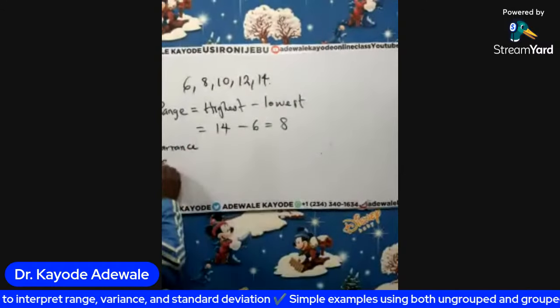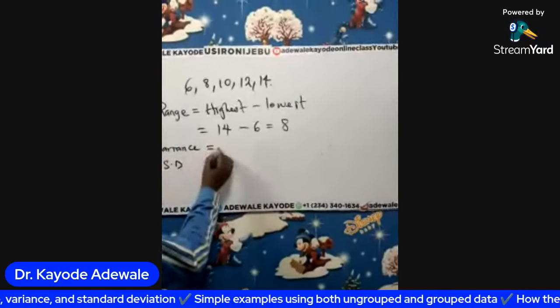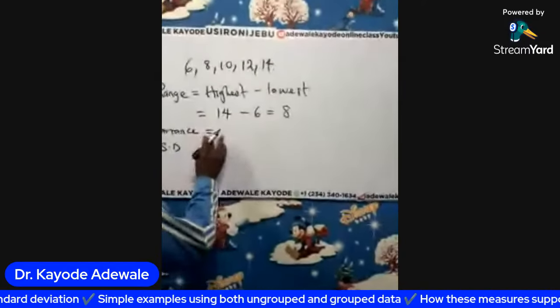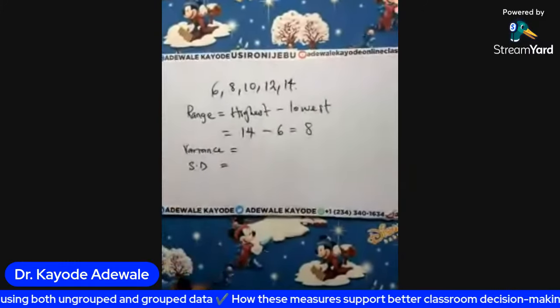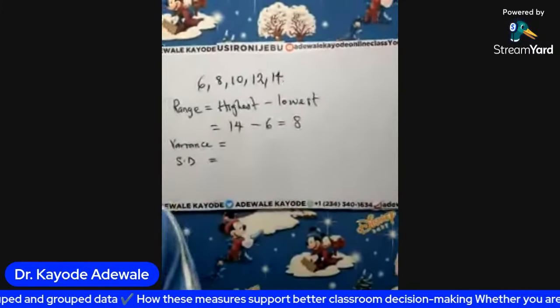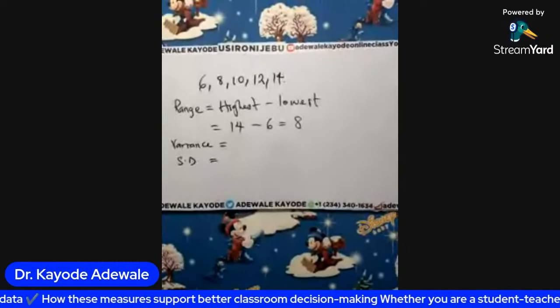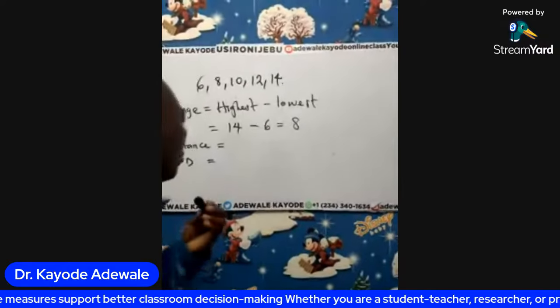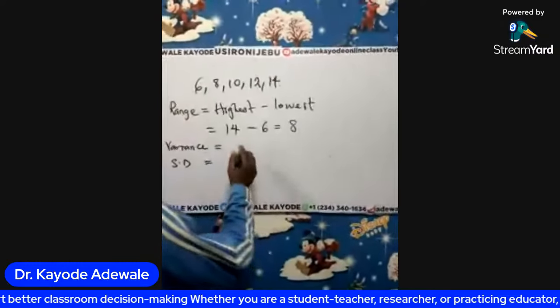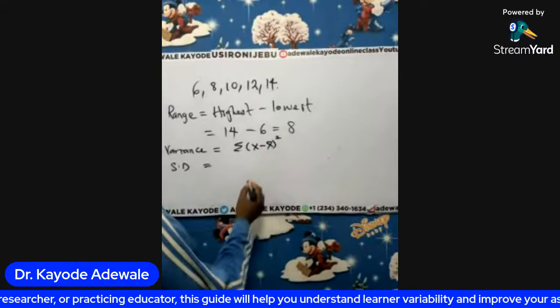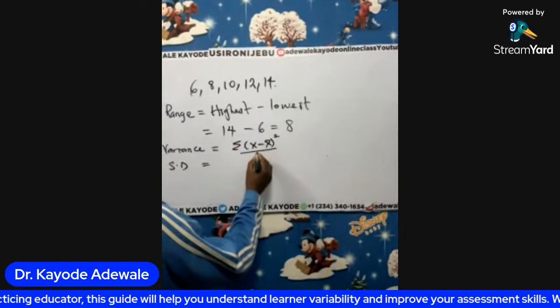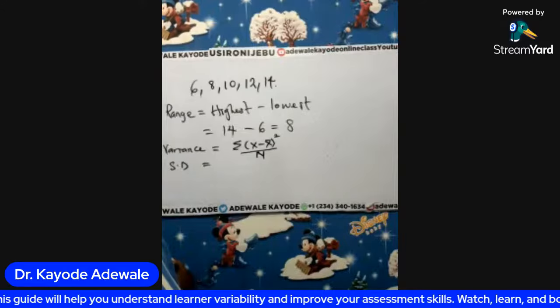So the next thing is, if you want to find the variance and the standard deviation, what is the formula for finding variance? The formula for finding variance here is summation of x minus x bar, which is the mean, all squared, everything divided by n, that is the total number.